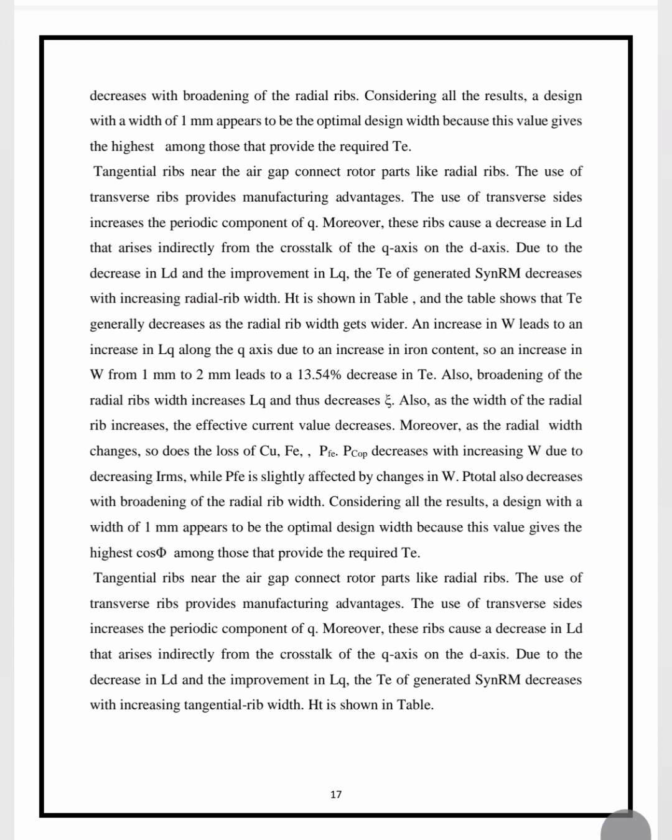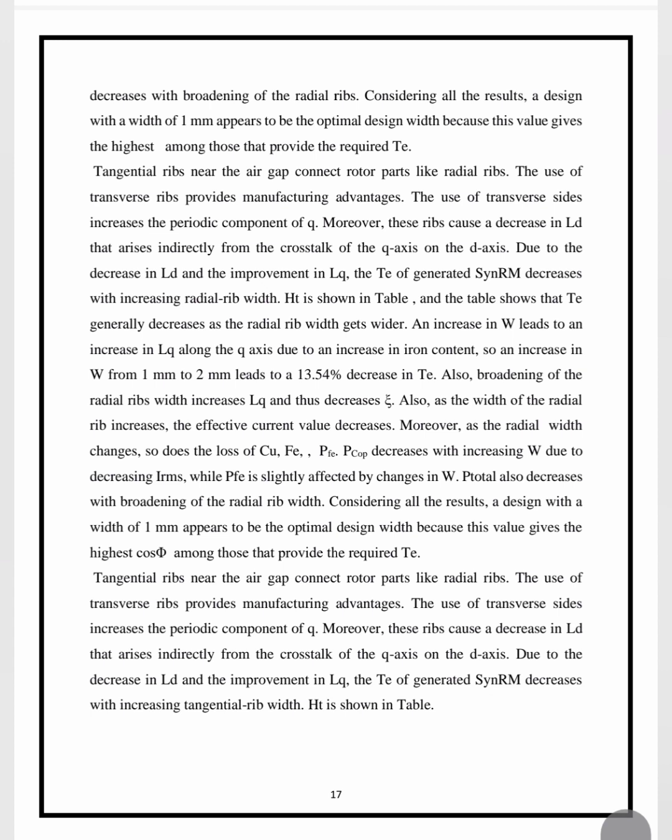The biggest advantage of the tangential ribs changes in these factors can lead to the efficiency of the motors. So the use of tangential ribs increases the periodic component of Q along the Q axis. Moreover, these ribs cause a decrease in the insulation ratio along the D axis that arises indirectly from the crosstalk of the Q axis on the D axis.